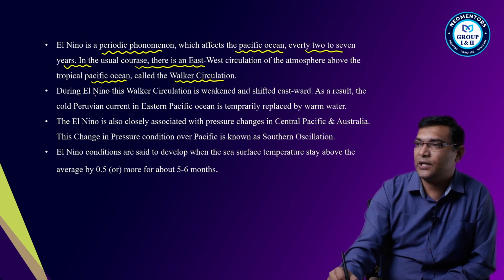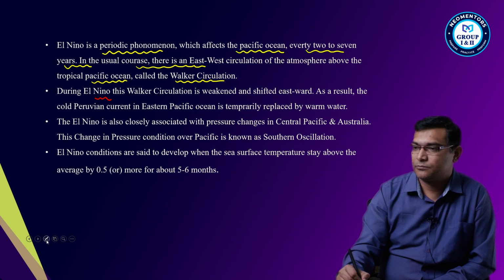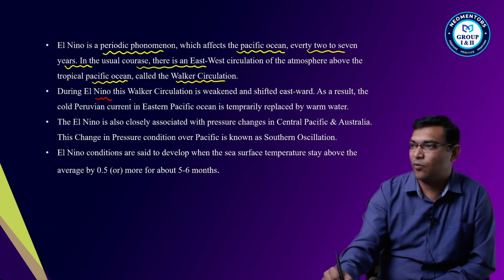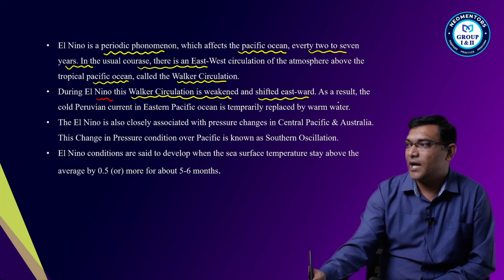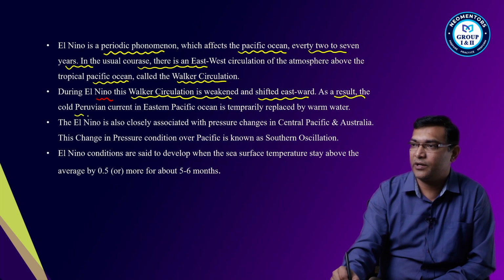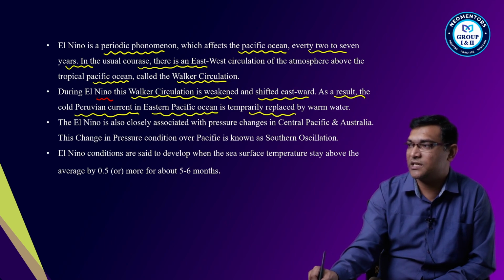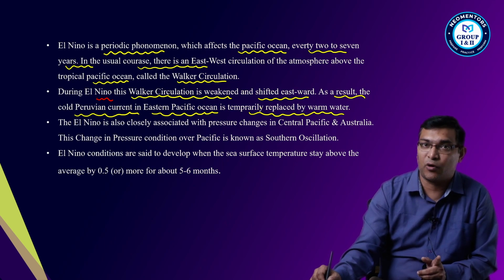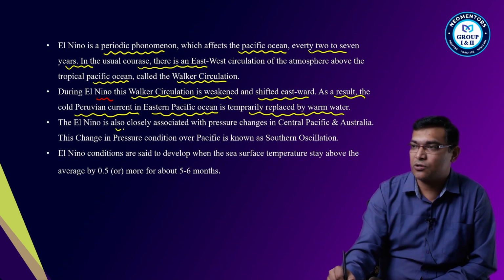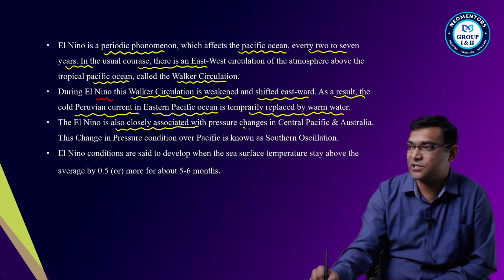Now, during the El Nino phenomenon, the Walker cell is weakened and shifted eastward. As a result, the cold Peruvian current in the East Pacific Ocean is temporarily replaced by a warm current. El Nino is also closely associated with pressure change in the Central Pacific and Australia.